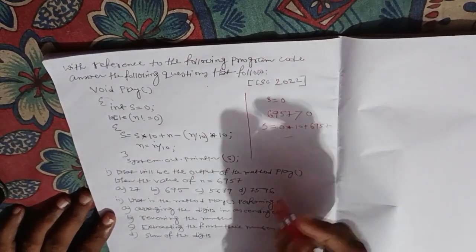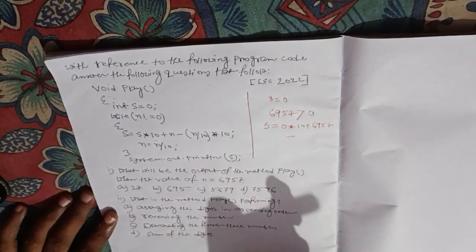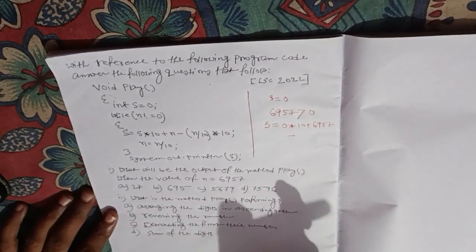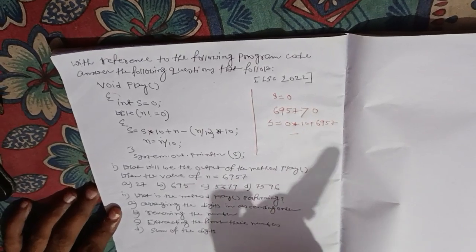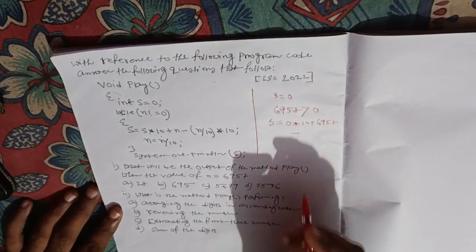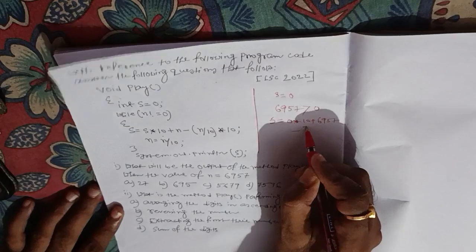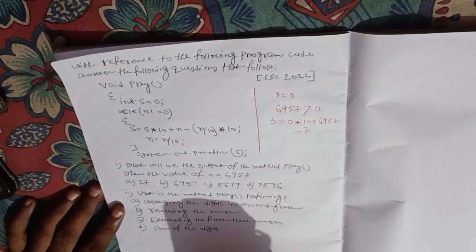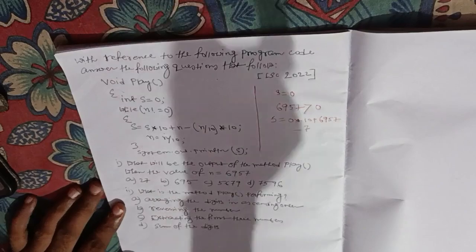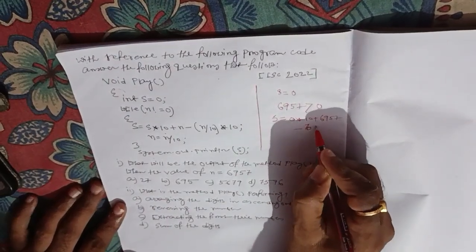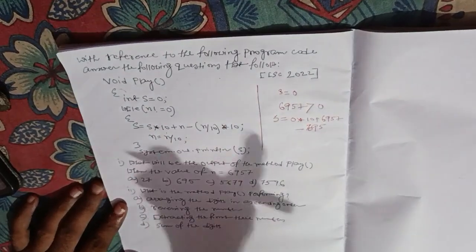By dividing 6957 by 10, we will get quotient 695 and remainder 7.